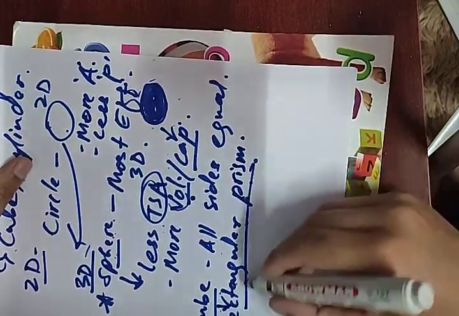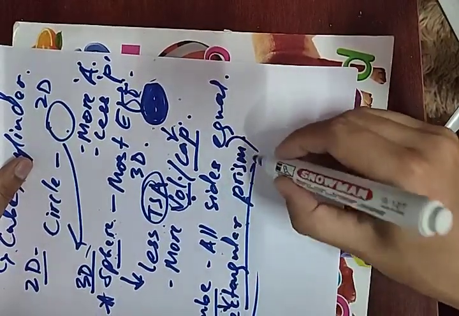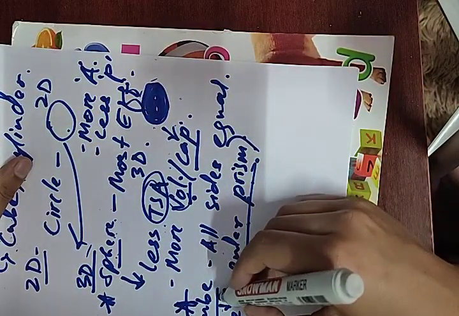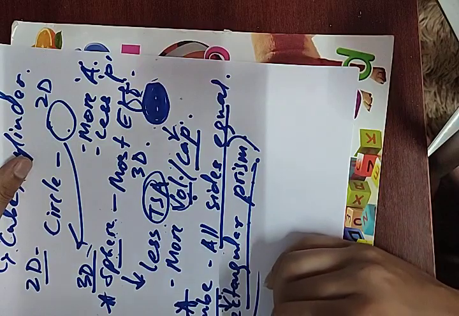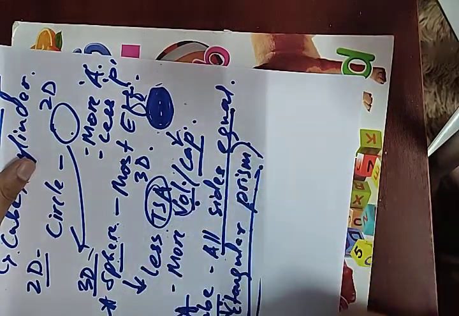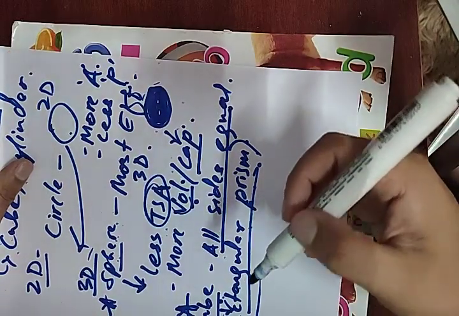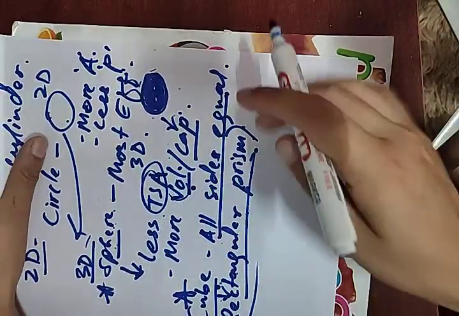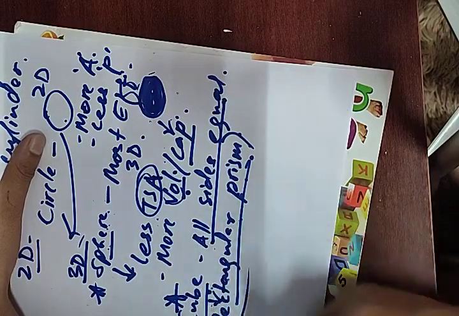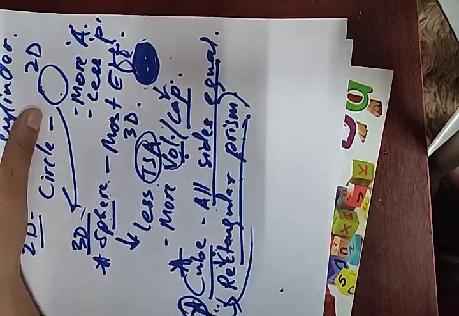But from any kind of rectangular prism, the cube is the most efficient because all sides are equal and it is closer to the sphere, in the sense that it somewhat looks like a sphere. So that's why the cube is the most efficient among rectangular prisms.